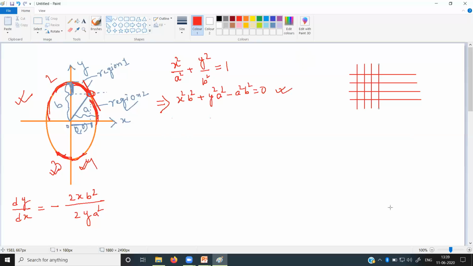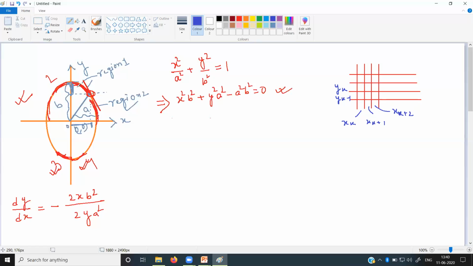So consider this one. In this case, you can see that this point is yk and the next one is yk minus 1. And this is xk, this one is xk plus 1 and this one is xk plus 2.